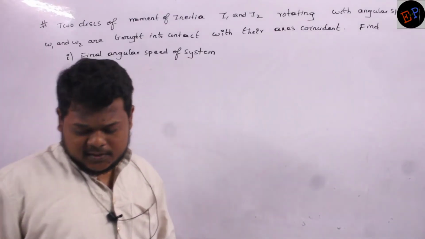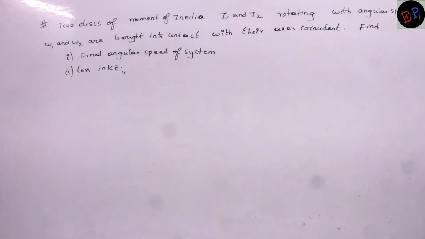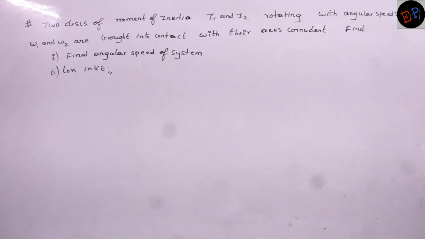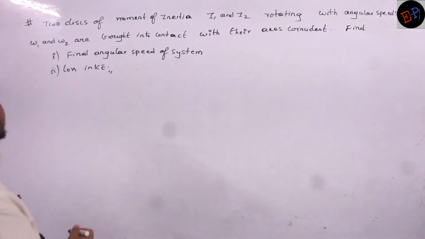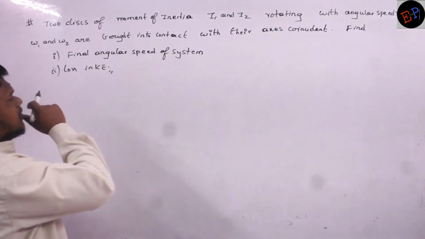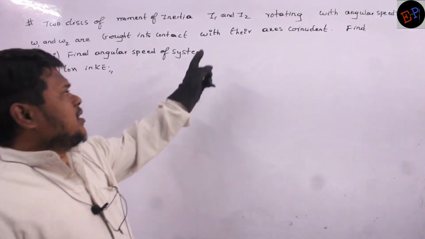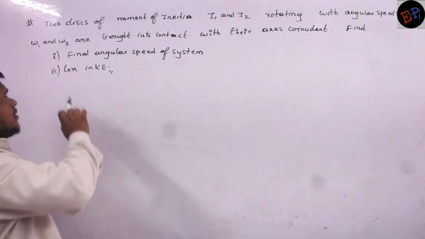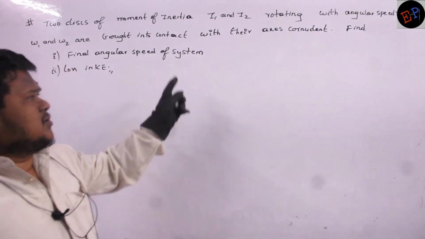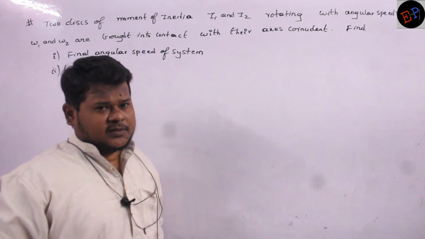I will explain this question. Try to answer that. See what is the given question. Two disks of moment of inertia I1 and I2 are rotating with angular speeds of omega 1 and omega 2. They are brought in contact with each other. Clear, no?